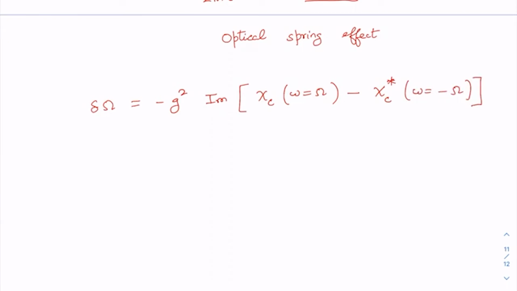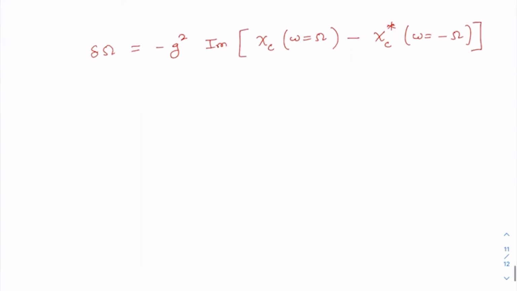You can easily work out the details with straightforward algebra, and then it is possible to get a typical plot for the frequency shift delta omega as a function of the detuning parameter delta bar. Let me just draw it here for various cases.